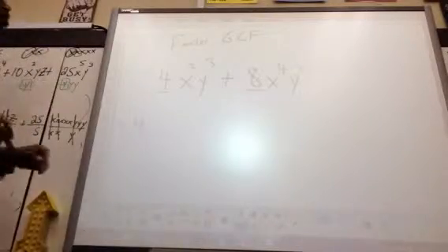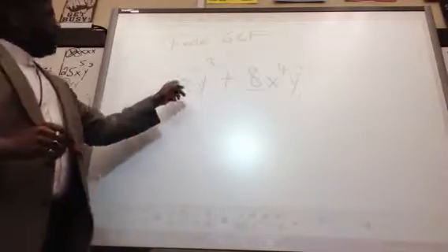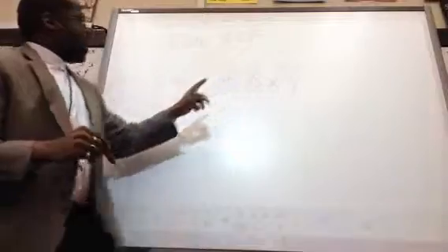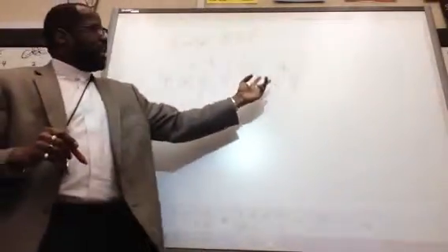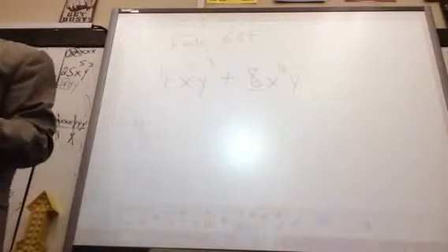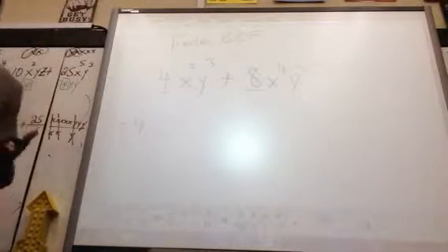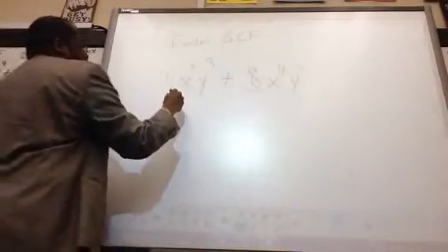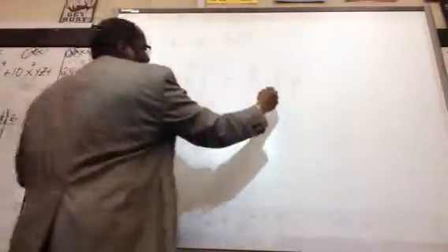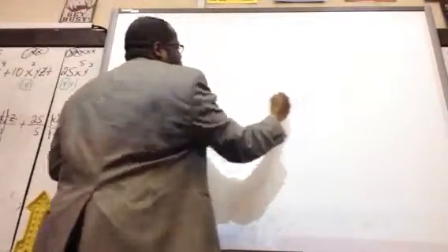Now, notice something else. In this expression, both of these have x terms. This one has x to the second, this one has x to the fourth. Now, the question is, how many factors of x do they have in common? To help you see that, I'm going to write out how many this one has, and how many this one has.